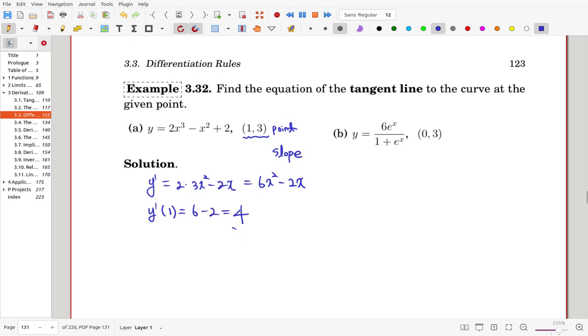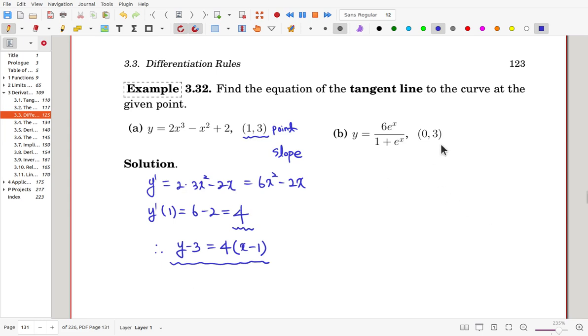So we know that the slope is 4. So here the tangent line can be written in this way: y minus y0, which is 3, equals slope 4 times x minus x0, which is 1. So you can rewrite, but that is the answer. Point-slope form of the line.